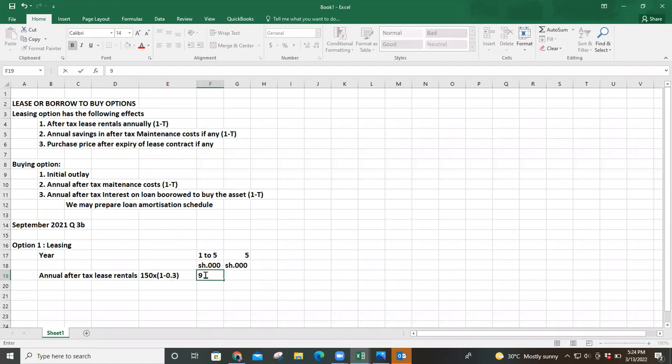It's cash going out, we are spending, so it's a negative 105.